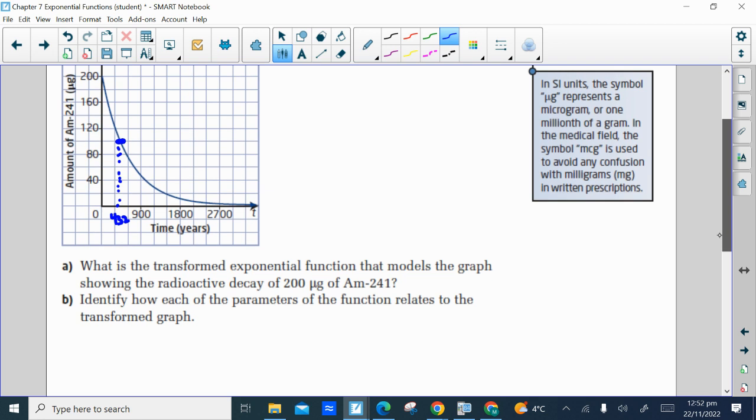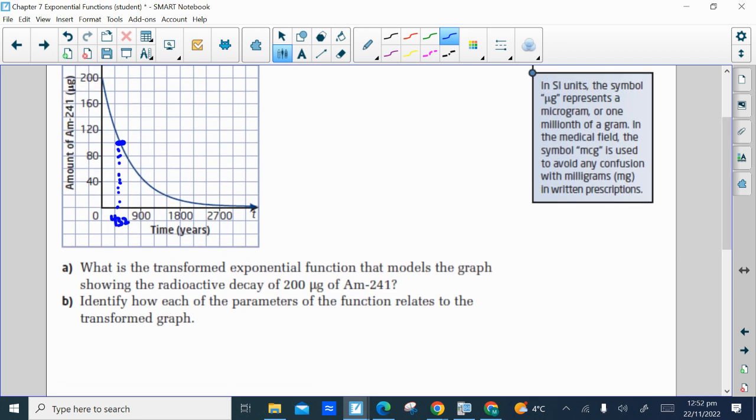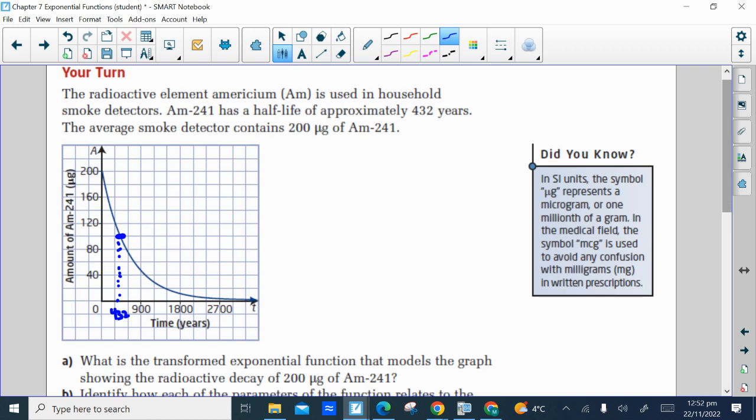So we want to say what is the transformed exponential function that models this graph showing the radioactive decay of AM-241. So once again, we can write our equation by looking at some parameters. We don't know what A is. We're going to calculate what that is.